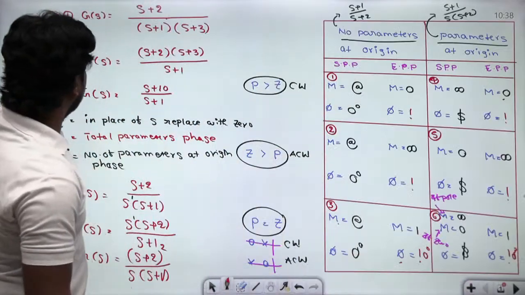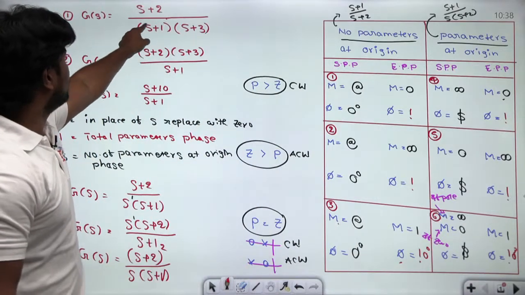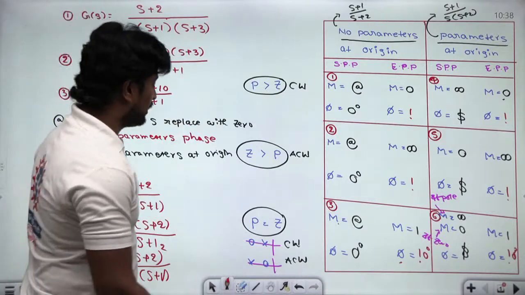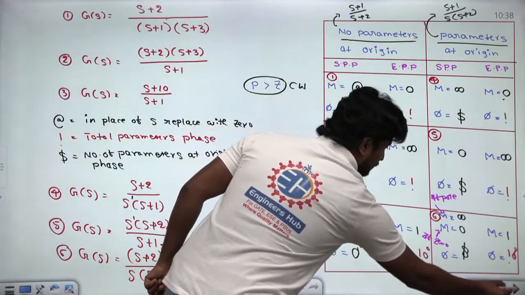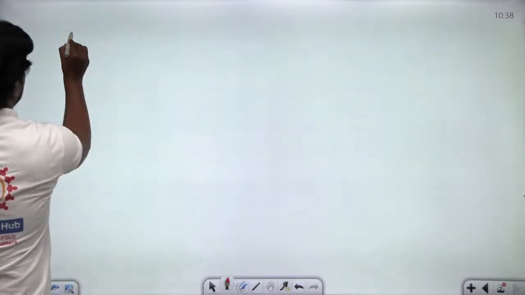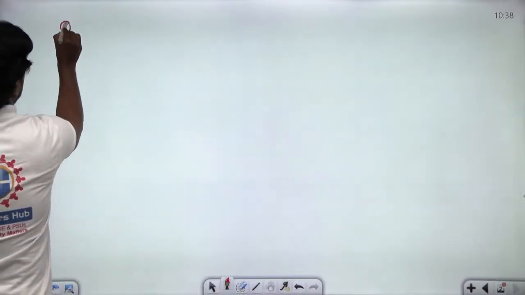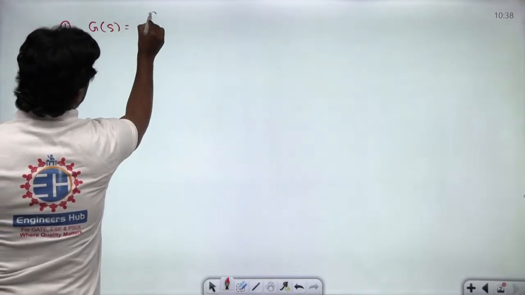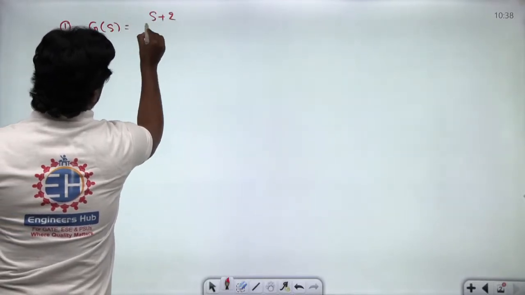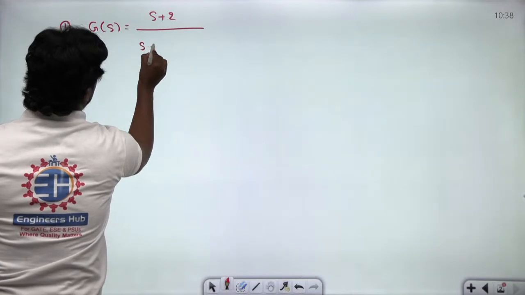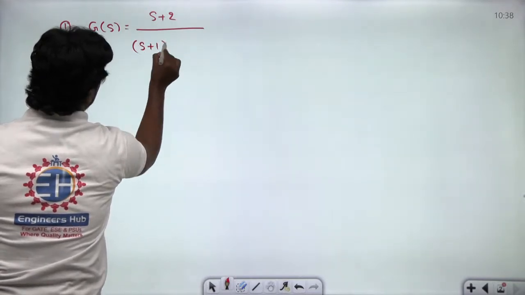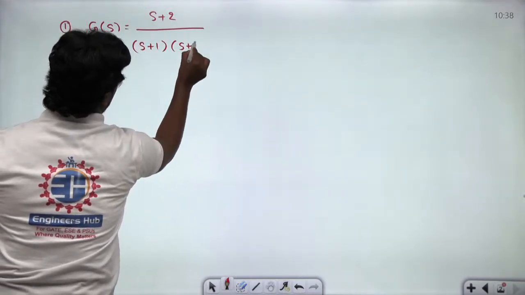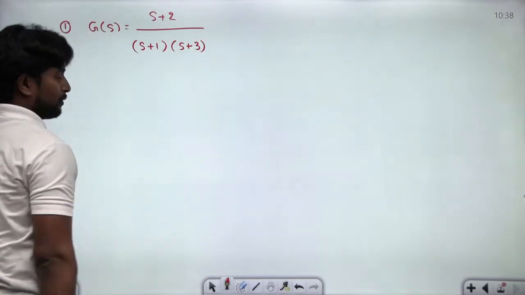I'm taking the first question, first example: G of S equals S plus 2 by S plus 1 into S plus 3. Are you clear?